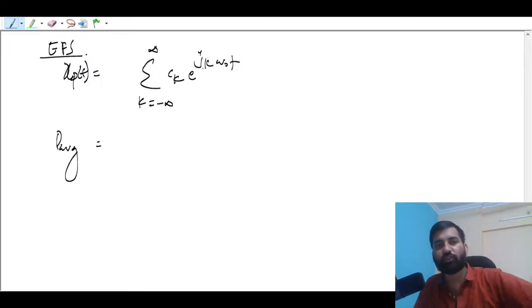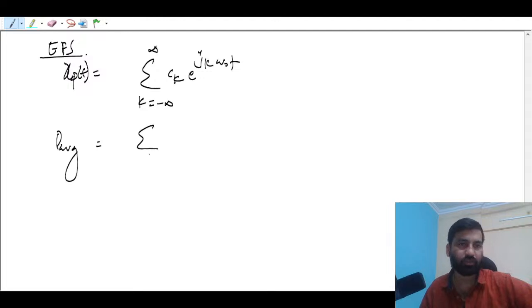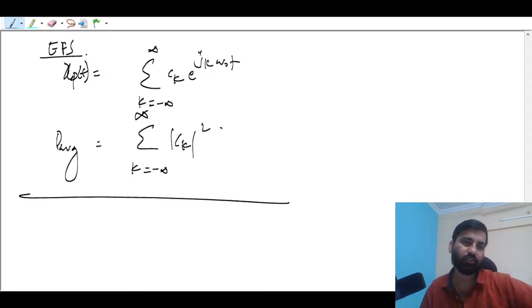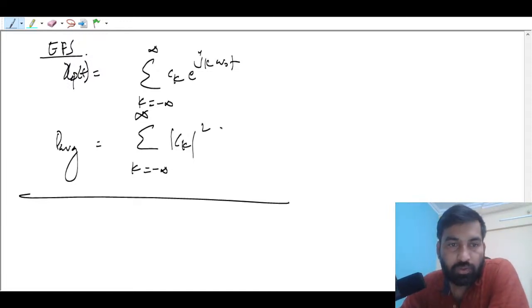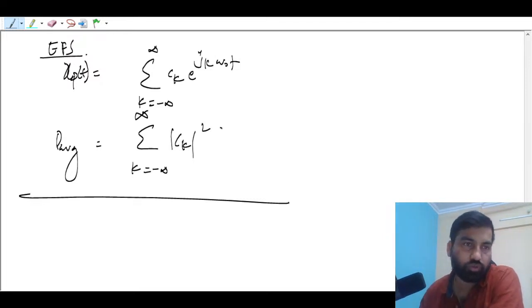To find power you have to square it. Okay, so summation will be there. Take the mod of this, so it will be the sum of |ck| square. Okay, so this is the relation. So I'm just going to show you the total power that you can find out, right?